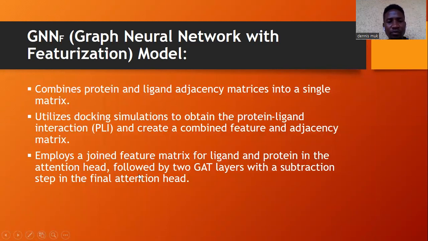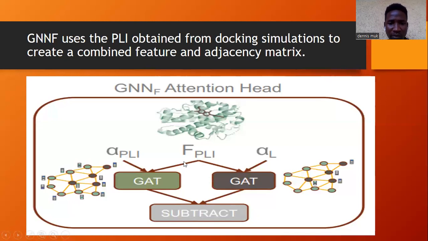It's followed by two GAT layers with a subtraction step in the final attention head, which is what we are talking about here. So that's it with GNNF. This structure is called the GNNF attention head.